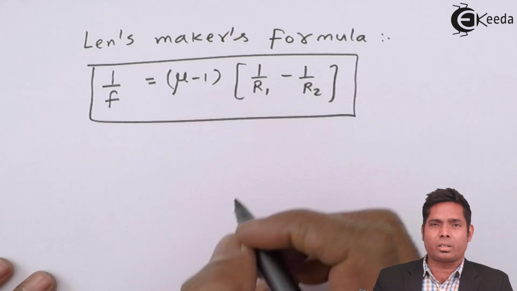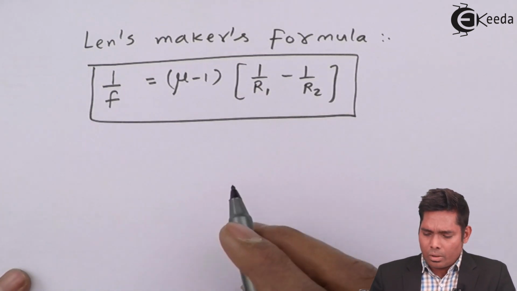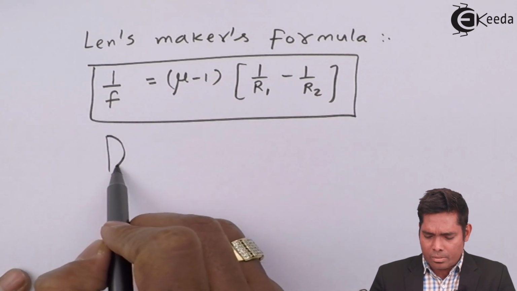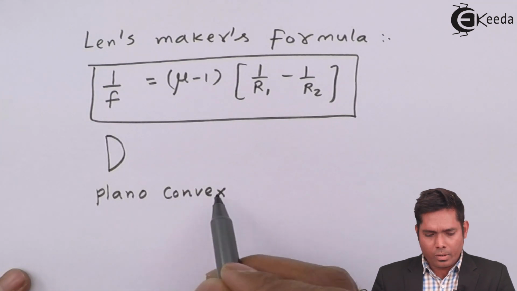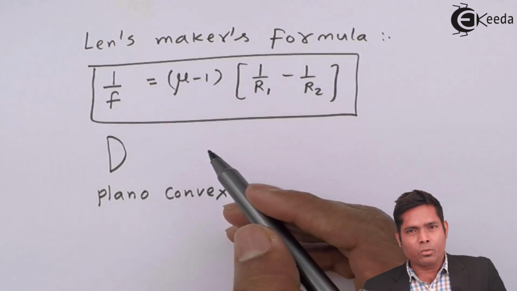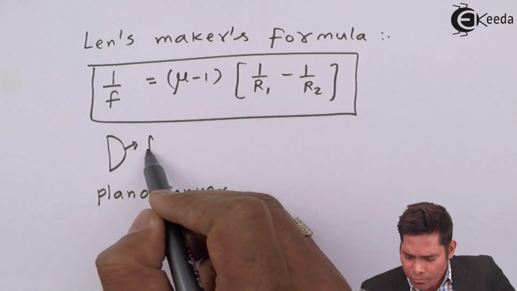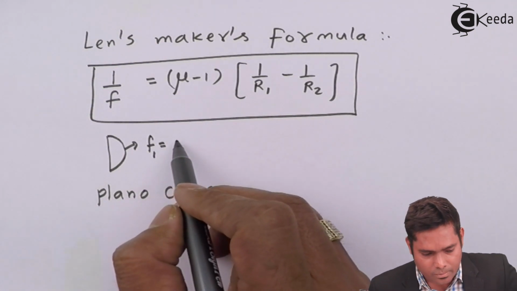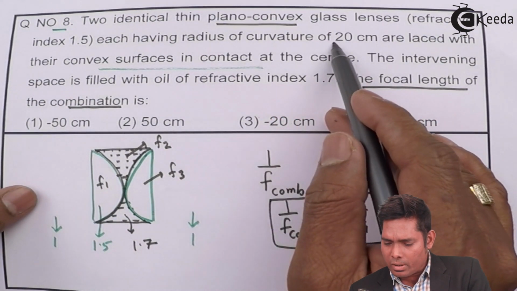And r1, r2 are the corresponding radii of curvature. If I use this formula for the first lens, my plano-convex, because for the two plano-convex lenses, whether I use it for the first one or the last one, they are the same. I have considered f1, and the radius of curvature is 20 centimeter.